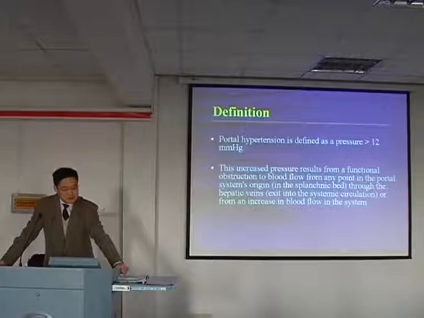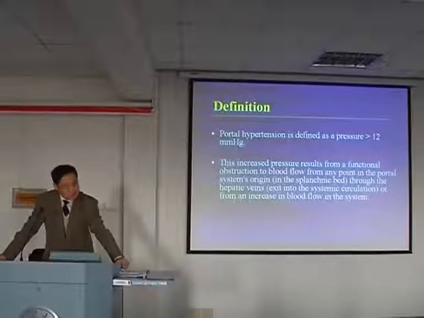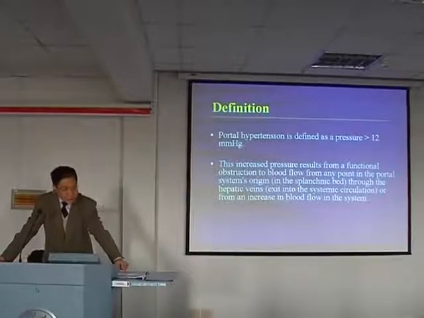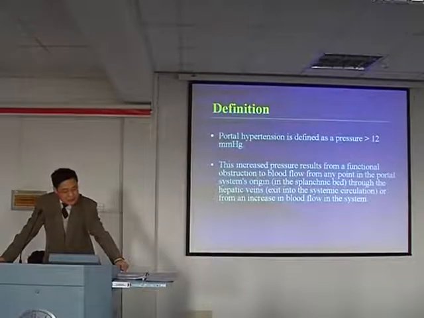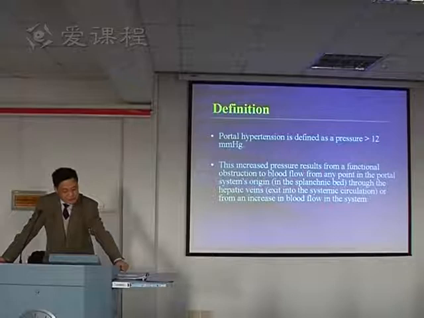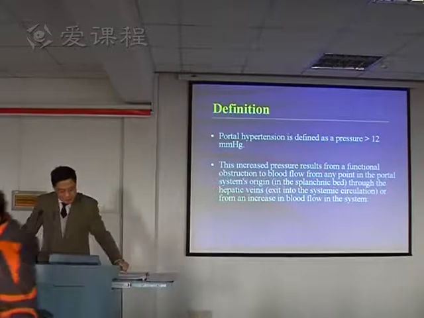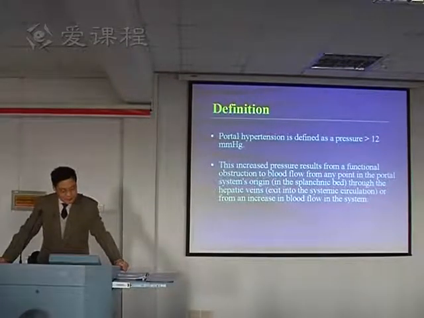Portal hypertension is defined as a pressure of more than 12 mmHg. This increased pressure results from a functional obstruction to blood flow from any point in the portal system's origin, the splenic bed, through the hepatic veins, or from an increase in blood flow in the system.